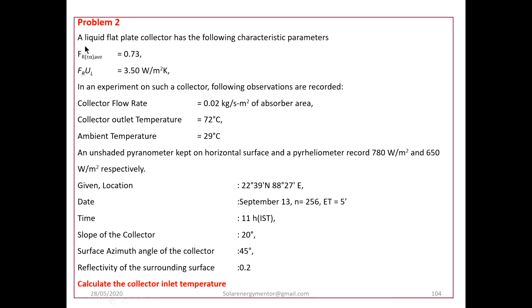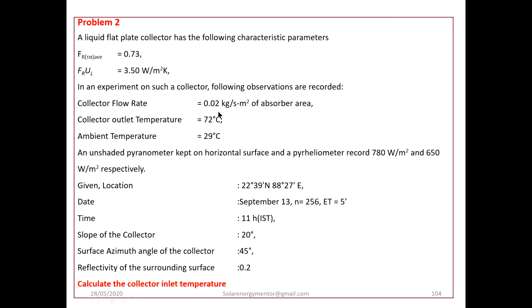It reads like this. A liquid flat plate collector has the following characteristic parameters: FR tau alpha average is 0.73 and FRUL equal to 3.5 watt per meter square Kelvin. So in an experiment on such a collector, the following observations are recorded.